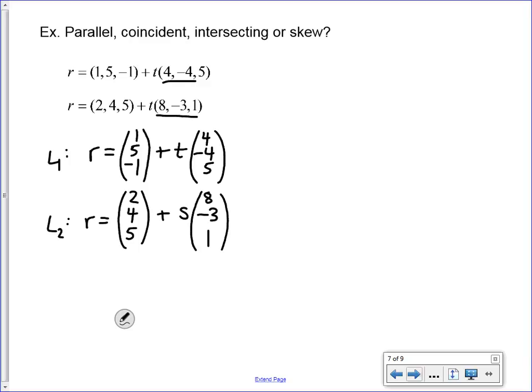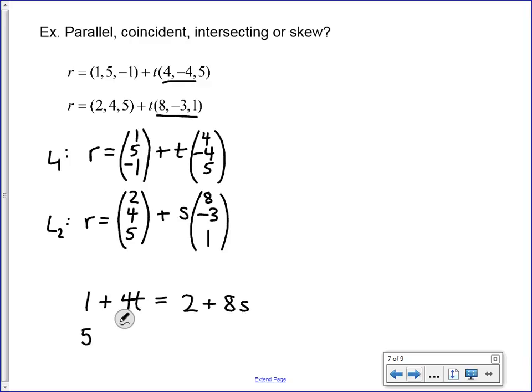So the x component, the y component, and the z component as its own equation. So the horizontal, or the x component from the first line is 1 plus 4t. We're going to set that equal to the x component from the second line, 2 plus 8s. Then we're going to do the same thing for the y component.